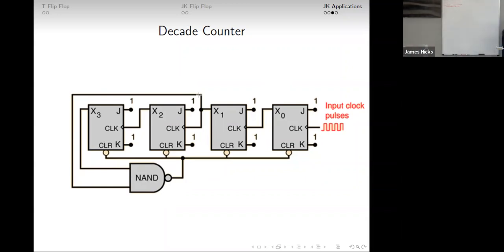So you want to NAND these two together. 0111 is 7, 1000 is 8, 1001 is 9.